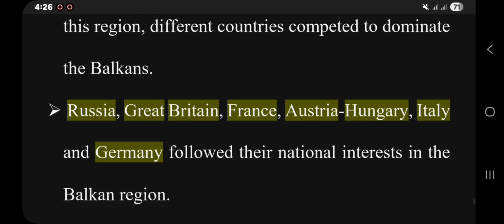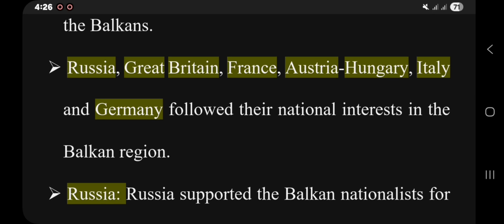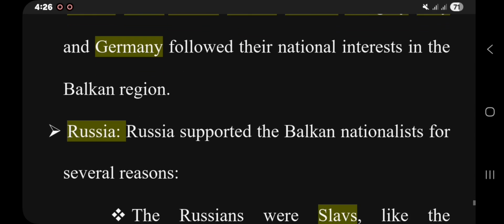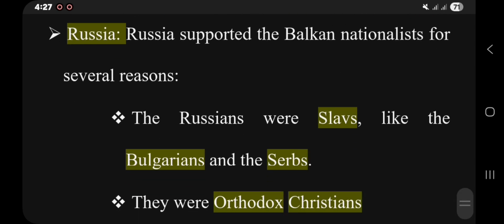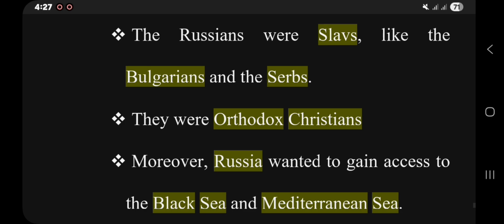Following the decline of Ottoman Turkish rule in this region, different countries competed to dominate the Balkans. As I mentioned earlier, such great powers were Russia, Great Britain, France, Austria-Hungary, Italy, and Germany, who followed their national interests in the Balkan region. For example, Russia supported the Balkan nationalists for several reasons. One reason is that the Russians were Slavs, like the Bulgarians and the Serbs.